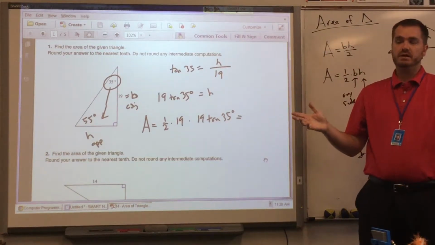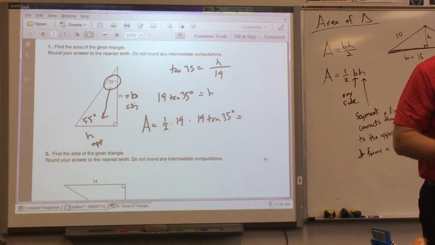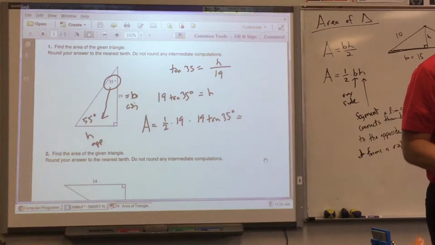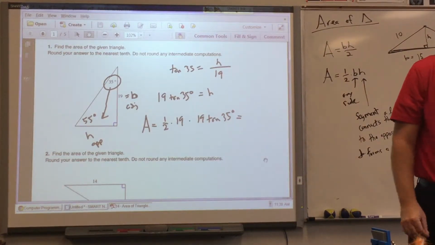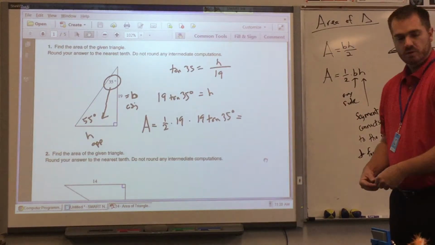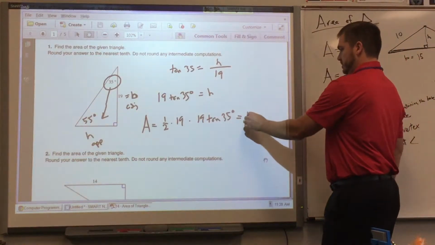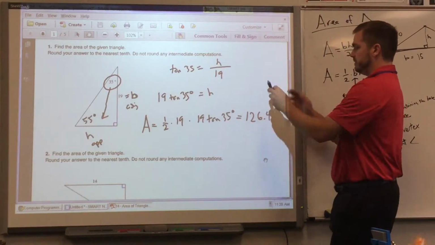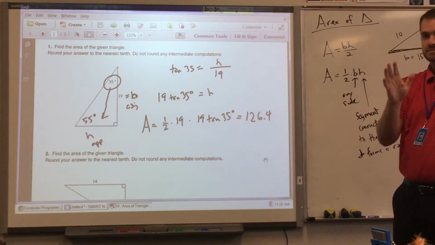You don't have to worry about rounding intermediate calculations. What do we get, folks? 126.4. They don't give us units, so we won't give them units. So, units squared, that's the area.